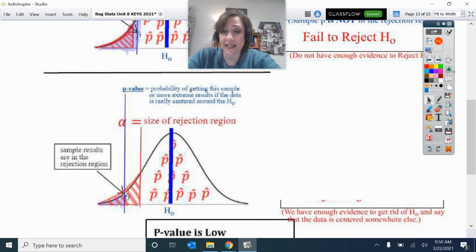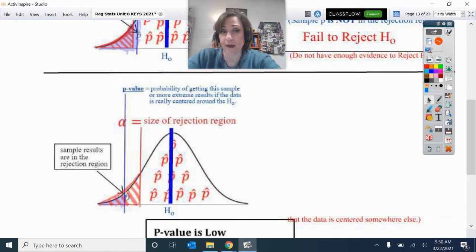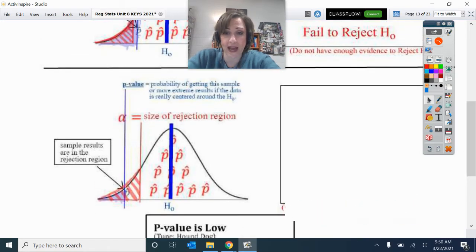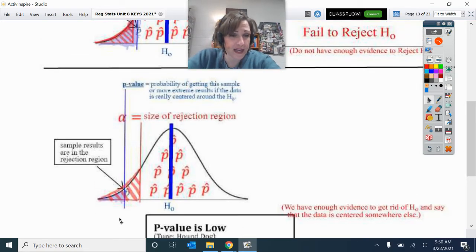And we'll take a look at the other situation that can happen. Here we have a look at the red area, which is alpha, the size of the rejection region. And look, that p hat is down in that rejection region. And so the p-value is this small little blue area.